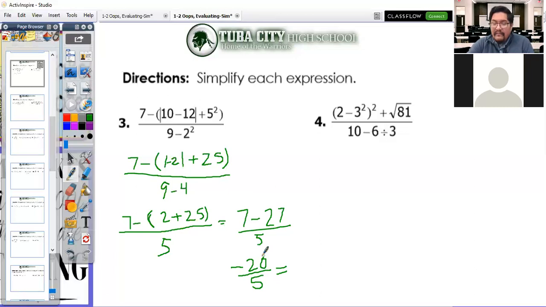So I end up with a negative. Now, if you remember your operations with integers, if you have a negative number divided by a positive number, you're going to end up with a negative result. So -20 divided by 5 is -4. So -4 is going to be the answer for this one.